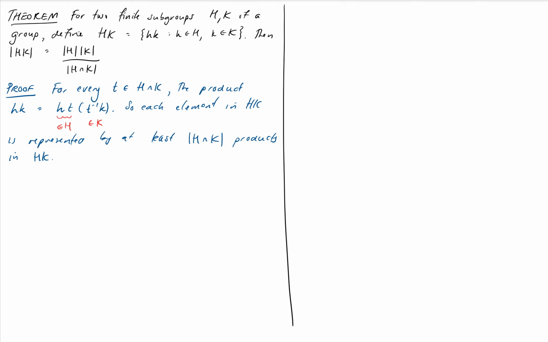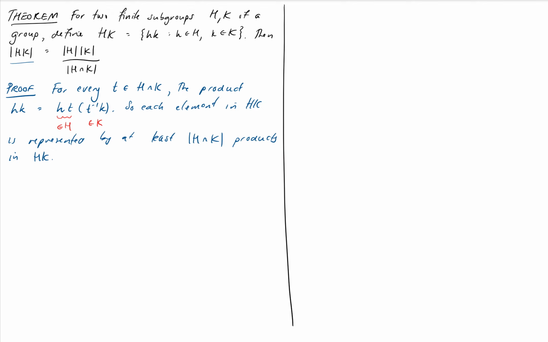Okay, so our naive estimate for how big this set HK might be would be the number of elements in H times the number of elements of K. But what we've shown here is that actually you get the same element multiple ways by taking different choices of t, and so we have to at least divide that by the size of the intersection of H and K.